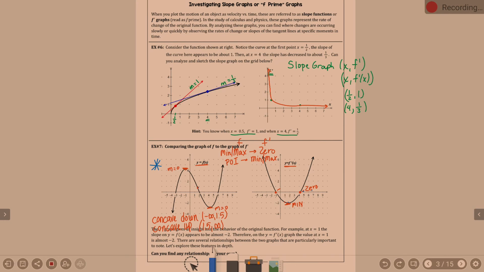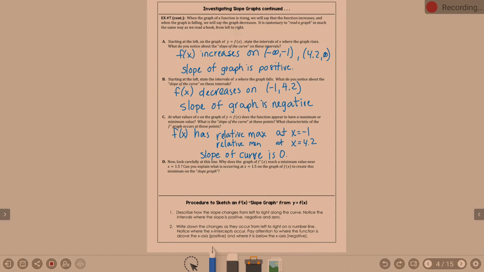So I have written in my notes at x equals 1.5, f of x changes from concave down to concave up.